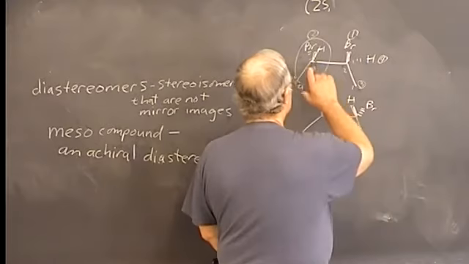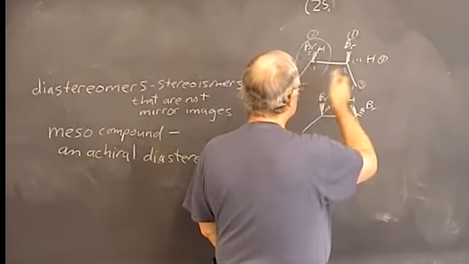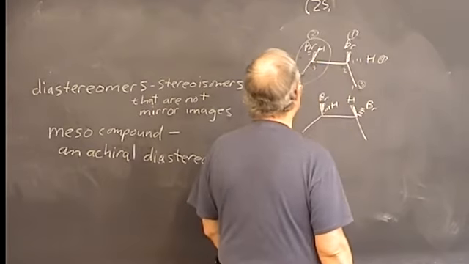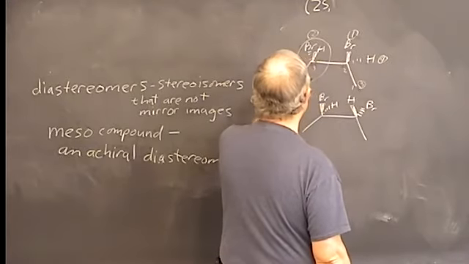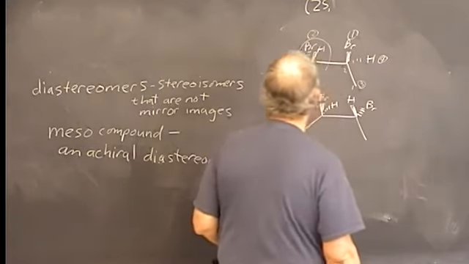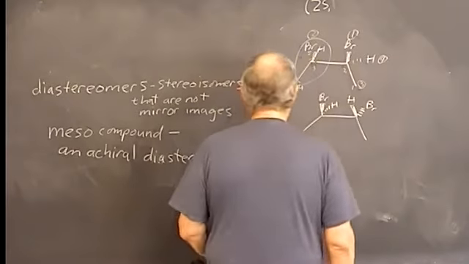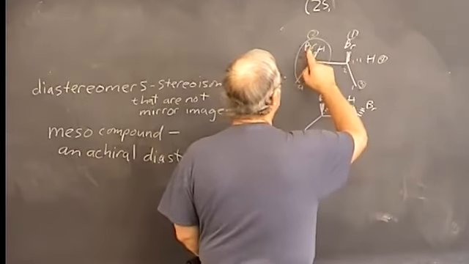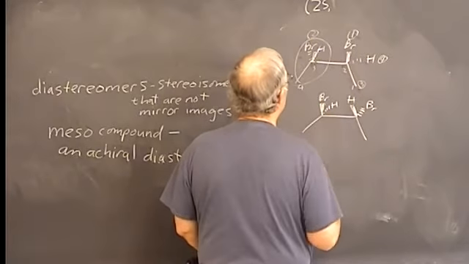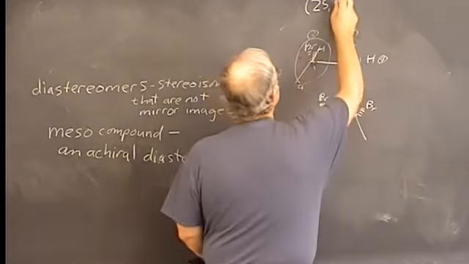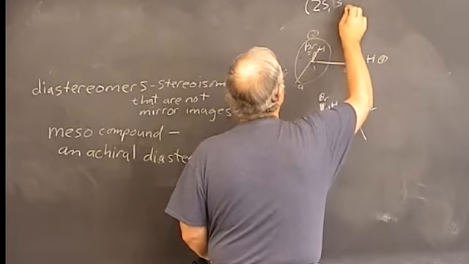Okay, for this one, I either need to flip it over or I can determine and simply take the opposite because hydrogen is forward. So this would be 1, 2, 3, but it's backwards. So this is 2S, 3S.